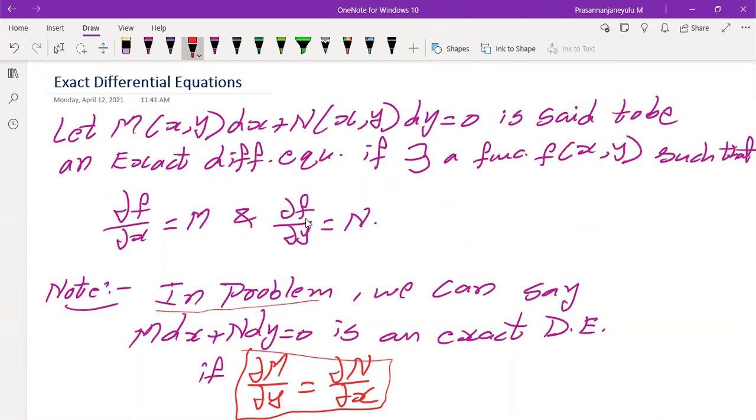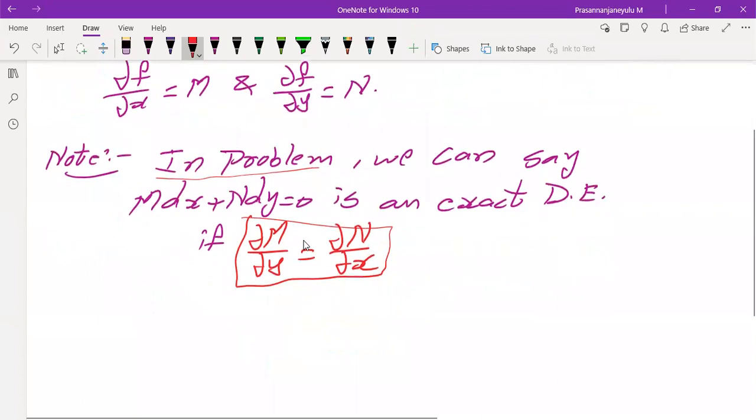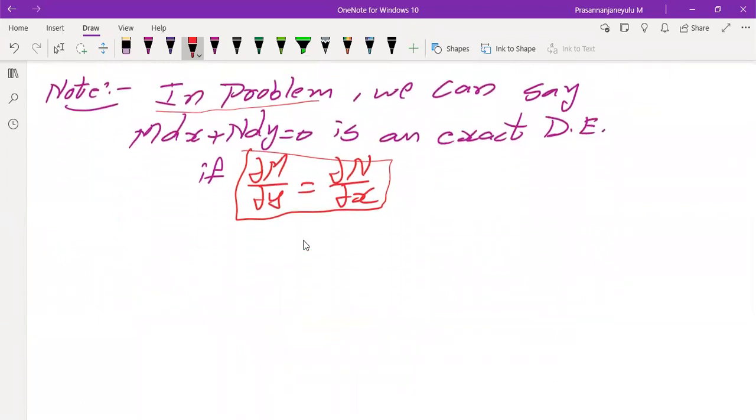Clear to everybody? So now I'm going to discuss how to find the solutions of this exact differential equation. The procedure for this is what we discussed.